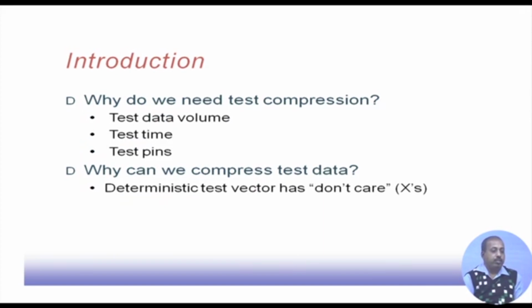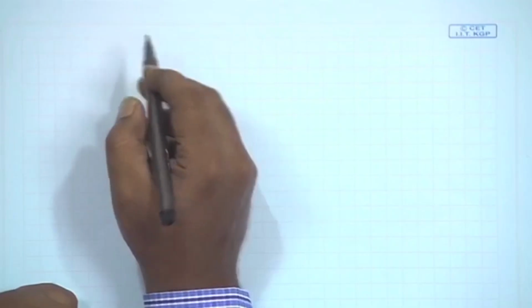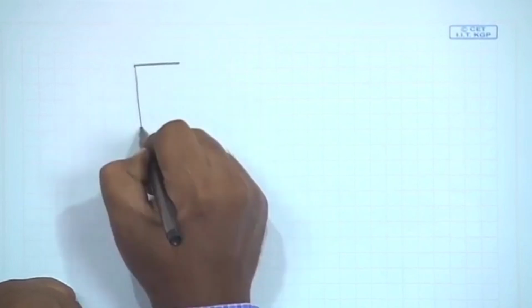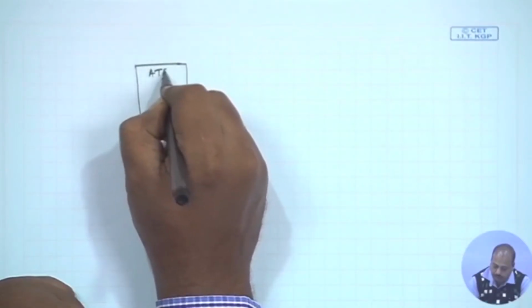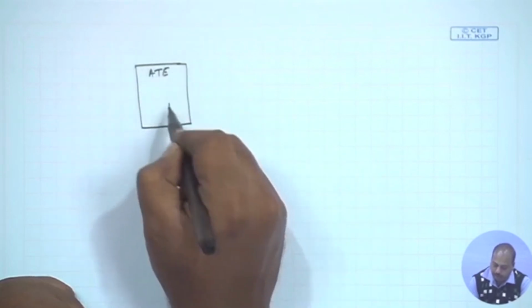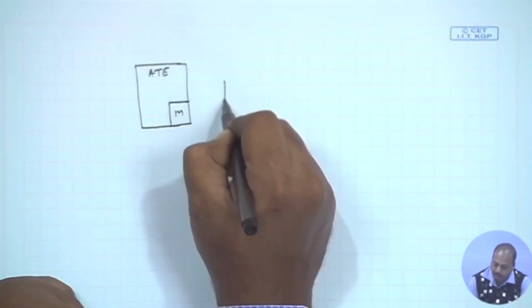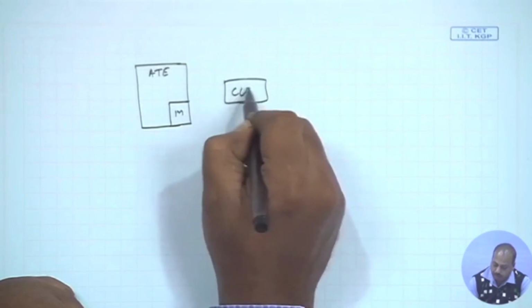Why do we need test compression? One thing is the test data volume, test time, and test pins. If we have a typical test pattern application environment for external testing, we have an automated test equipment and there is a memory, and this is the circuit we want to test.